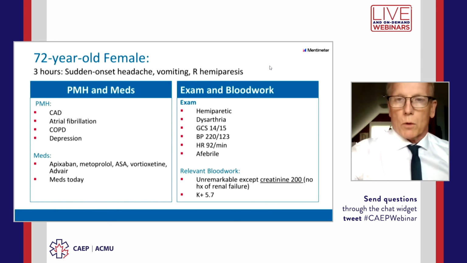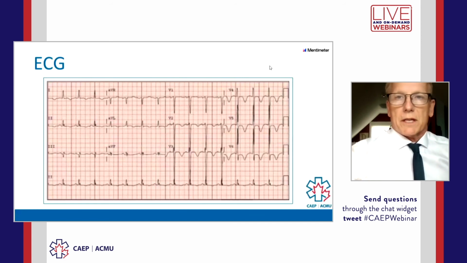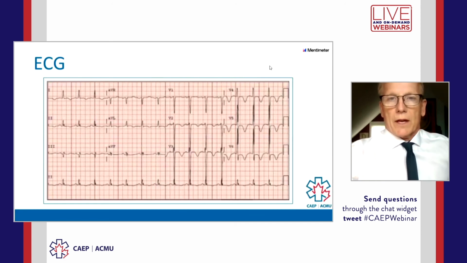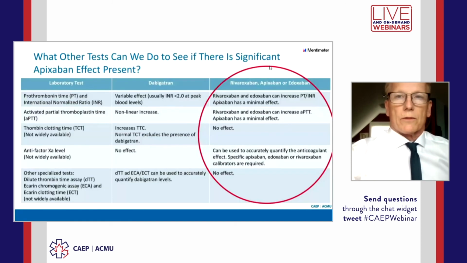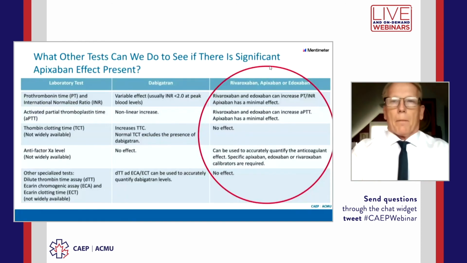The other notable thing here, she's in renal failure, which you don't know was pre-existing because there's no previous history, with a slightly elevated potassium. This is her ECG, which I'm not going to belabor, but it has that diffuse T-wave inversion we've all seen before.